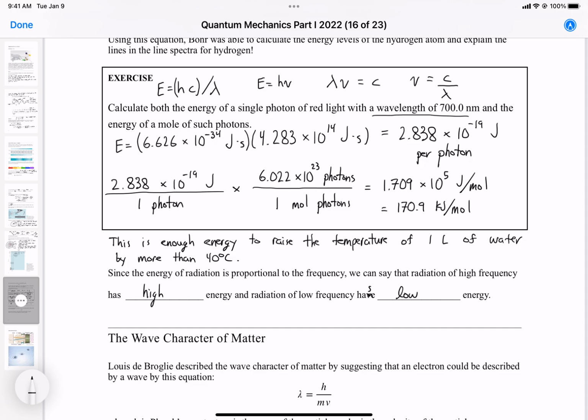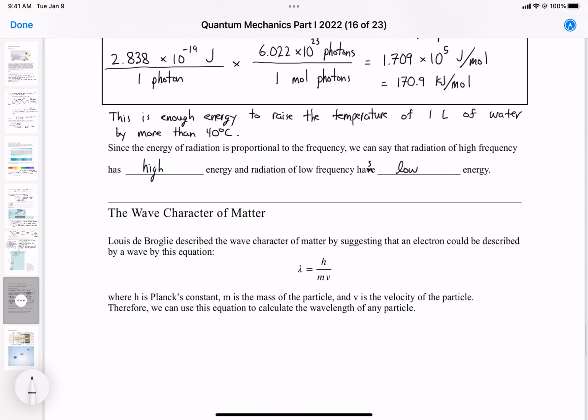So the last thing I want to talk about is the wave character of matter. I won't create a fourth video at this time; I'll just stick to 3. What I just told you, absorbing a photon and emitting a photon, is what we described as the particle nature of light.